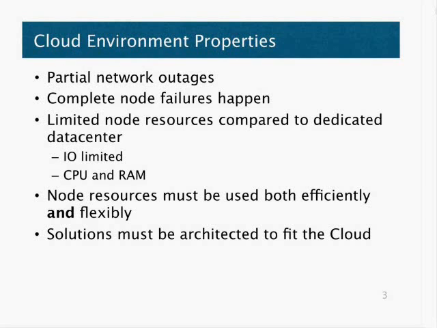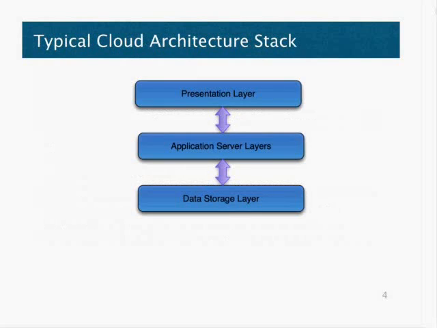So let's look at a typical stack that is used for most solutions that are deployed in the cloud. Typically, there's a presentation layer, meaning the part that is ultimately displaying the results. So most of the time, this will be a web browser where your customers or users are online looking at some output.